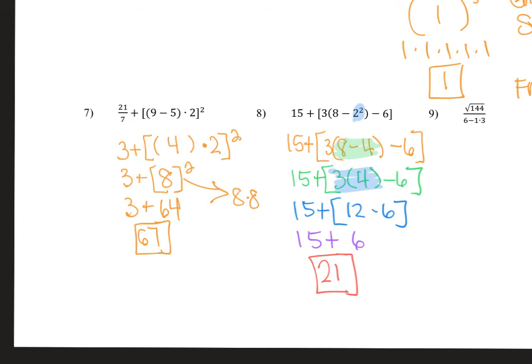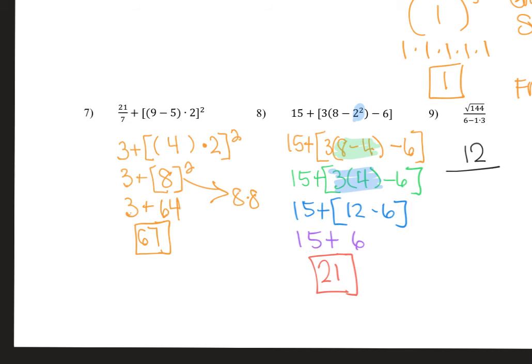All right, and then finally, the last one before the couple word problems. The square root of 144 is 12. And those are perfect squares. You can actually find them on the diagonal of your multiplication chart.